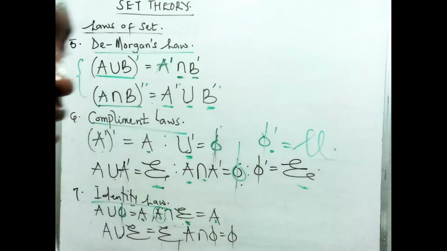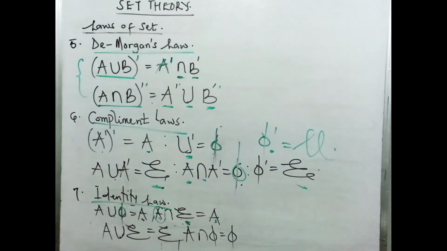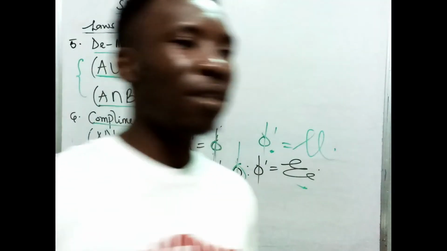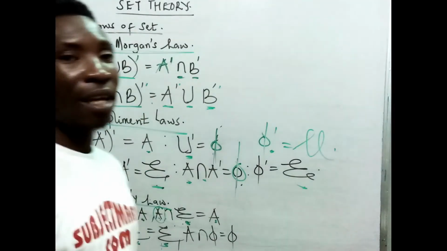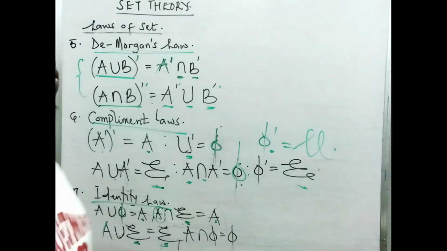And for the union, not intersection this time, the union, that is the coming together of your A and your universal set, is going to give you your universal set. Because this time around, the universal set covers everything that is in A. When I say union, don't forget, I said that union has to do with the marriage of two different sets.